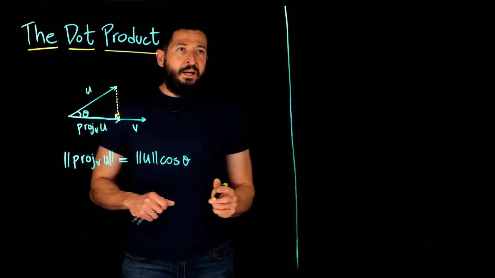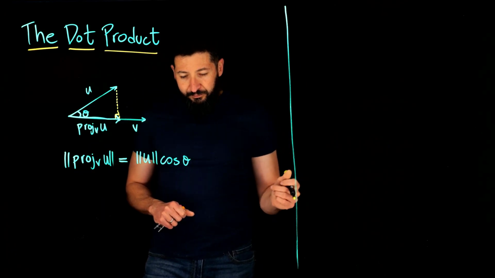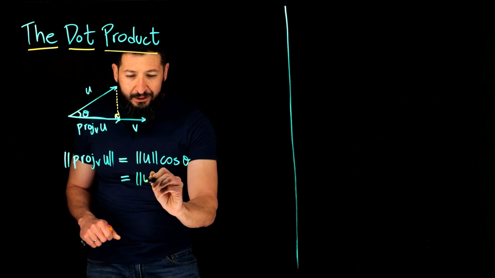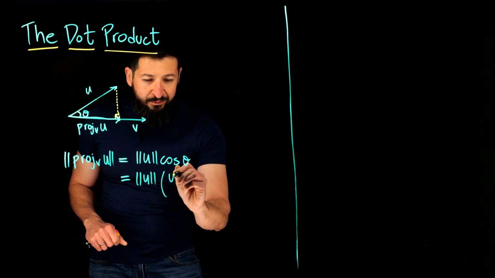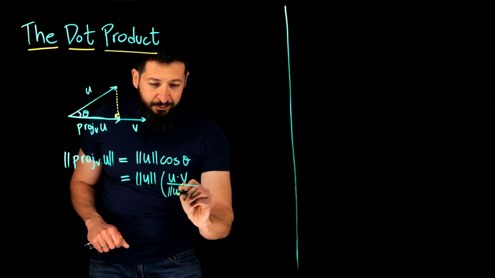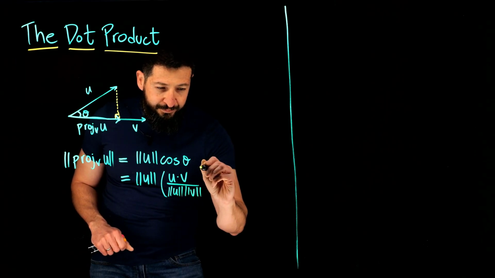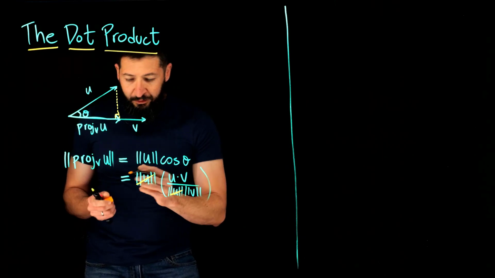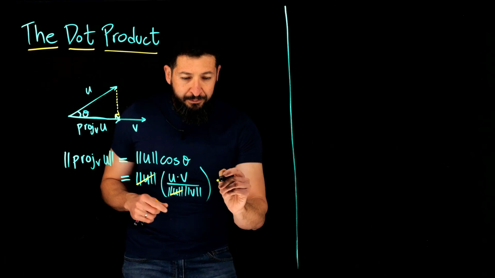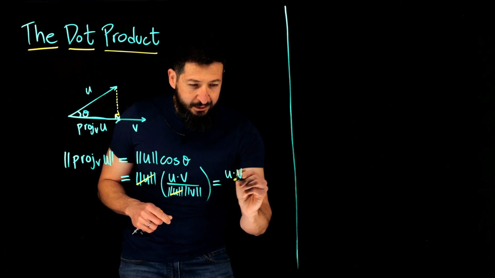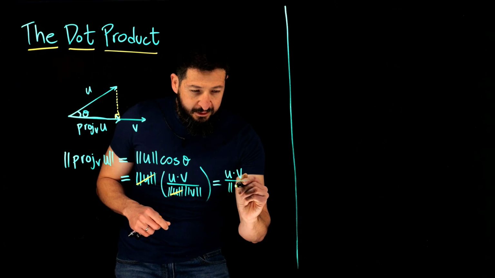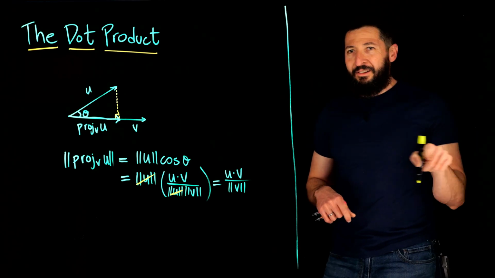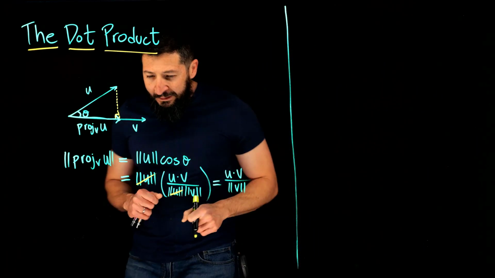And the cosine of the angle I can solve from my previous calculation, and it was just going to be u dot v over the length of u, length of v. And if we cancel the length of u with length of u, we get that this is just u dot v over the length of v. That's starting to look a lot like what I wrote over here earlier whenever the vectors are collinear.